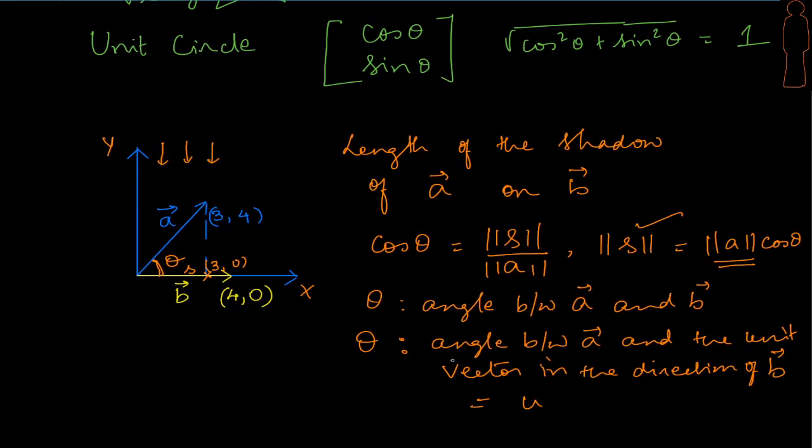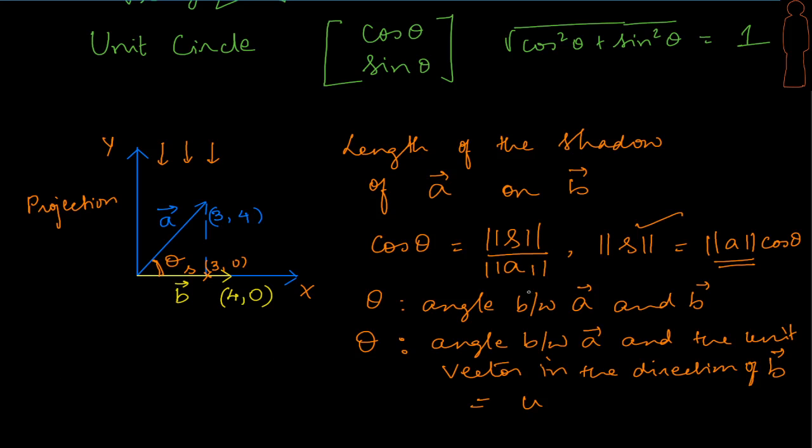Now people are quite interested in the length of the shadow, basically because we are going to use this concept called projection many times. That is why there is a keen interest in the length of the shadow, because it's projection.